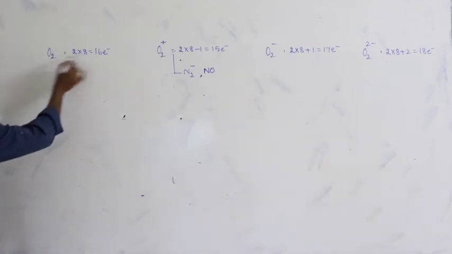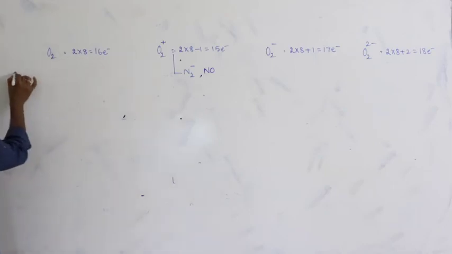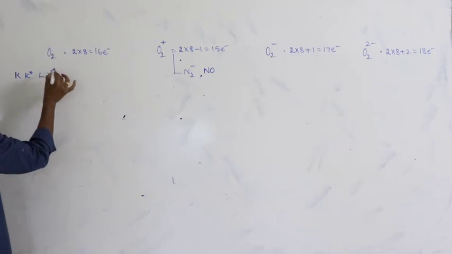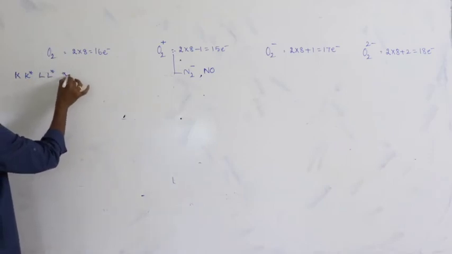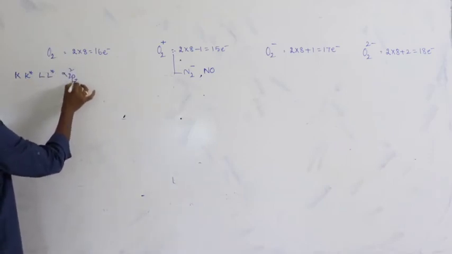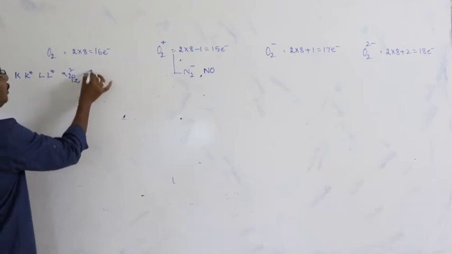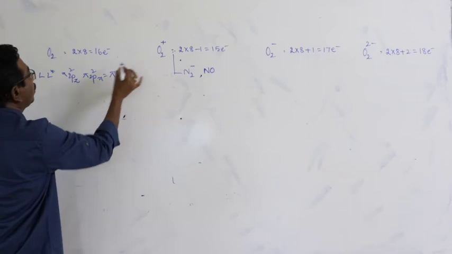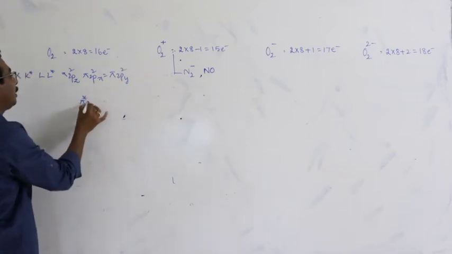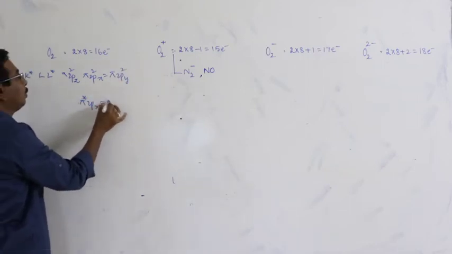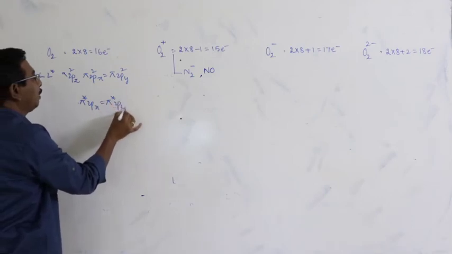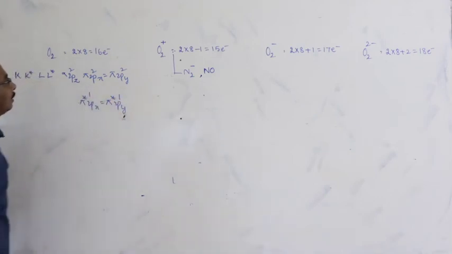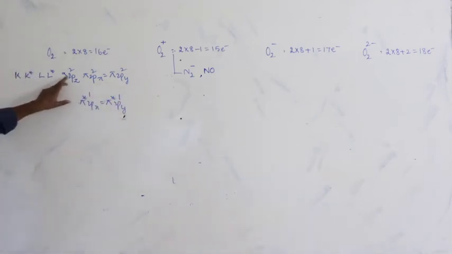Okay. What about the molecular orbital configuration? K, K star, L, L star, sigma 2p square z, pi 2p square x equal to pi 2p square y, pi star 2px 1 equal to pi star 2py 1. 8 plus 8, 16.